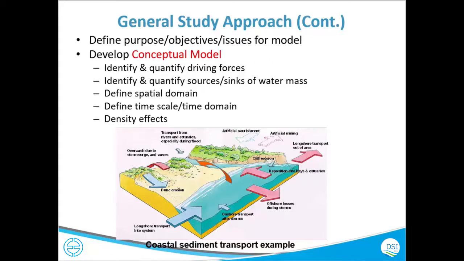If you're working with bigger projects with EPA or several parties involved, they always want to go back to your CSM and see if there is a fundamental flaw, or if you're not considering any factor or any processes in the system. So we need to define our spatial domain. When you're modeling coastal regions, the domain is infinite, but you need to constrain a domain. We'll talk about that more.